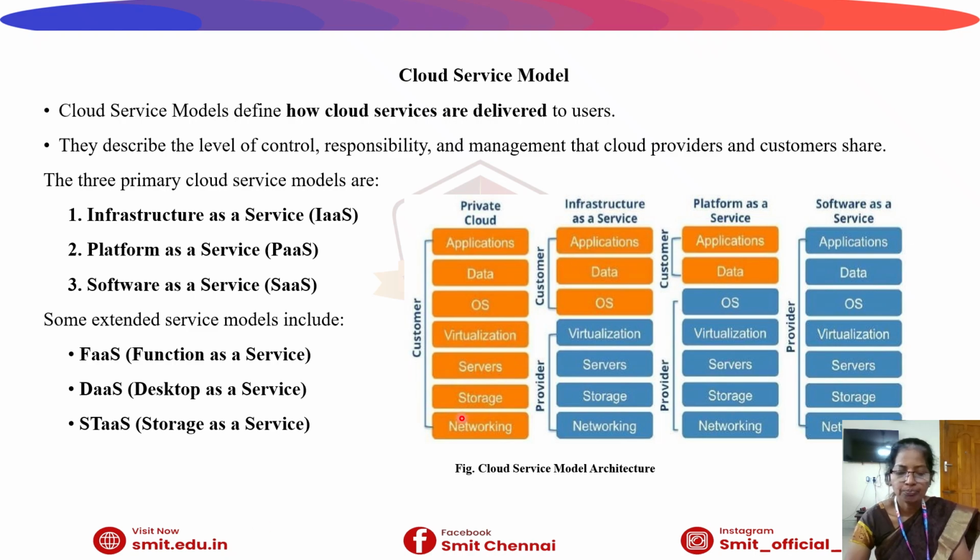This diagram shows the cloud service models and explains who manages what, the customer or the cloud provider, in each model. Each column represents a different cloud model, namely private cloud, Infrastructure as a Service, Platform as a Service, and Software as a Service.